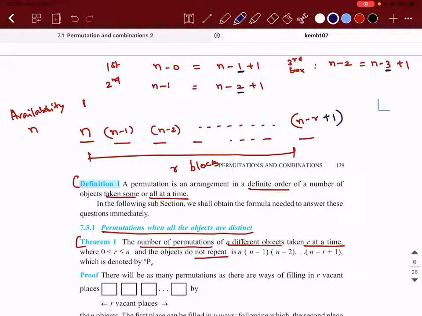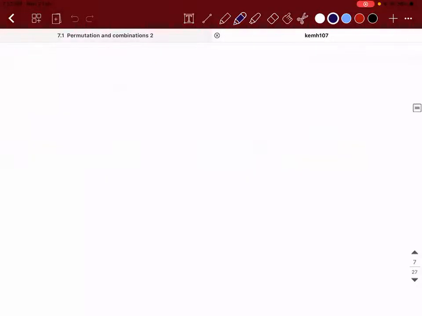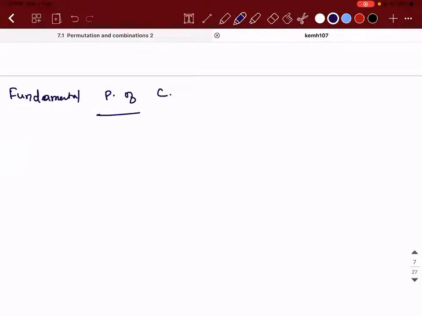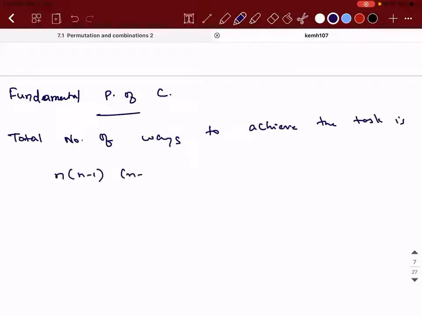Now, I have a question. Then, according to the fundamental principle of counting, total number of ways to achieve this task is n into n minus 1 into n minus 2 into so on till n minus R plus 1. Correct?